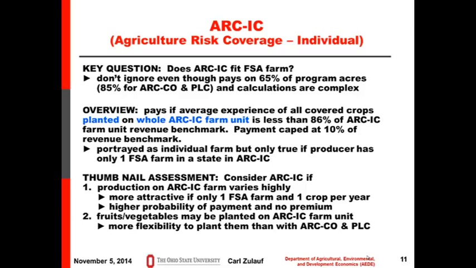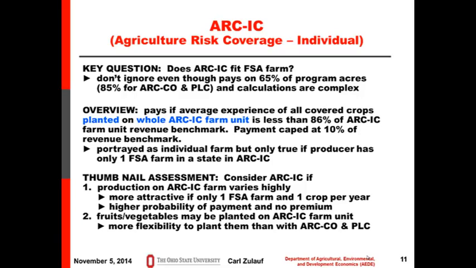This could be some of the more droughty soils in the state where if you don't get rain after August 1st, yields really decline. So you're talking about an FSA farm that has highly variable production. Good years, bad years, big differences between those two. ARC-IC becomes very attractive in this situation in my mind.